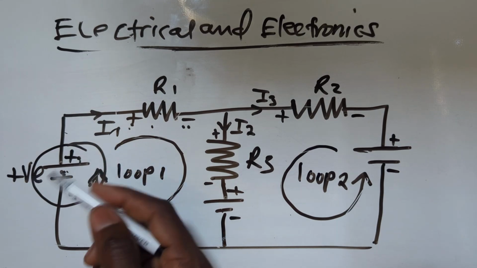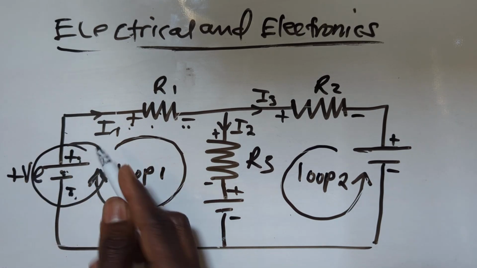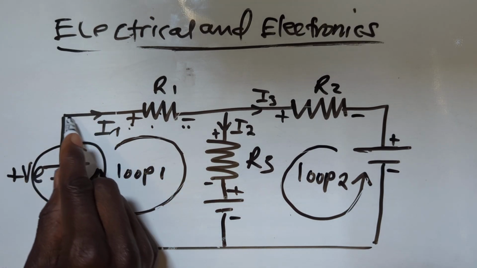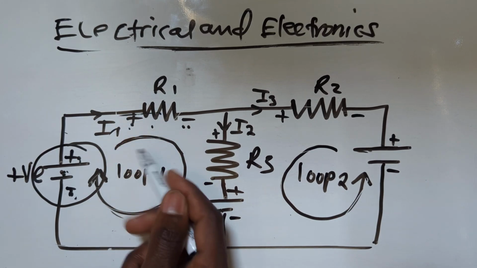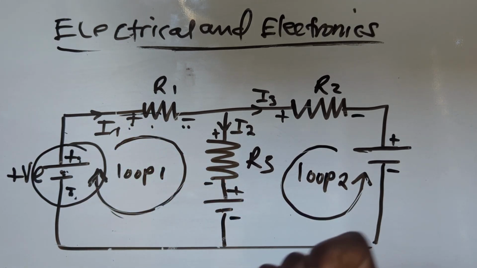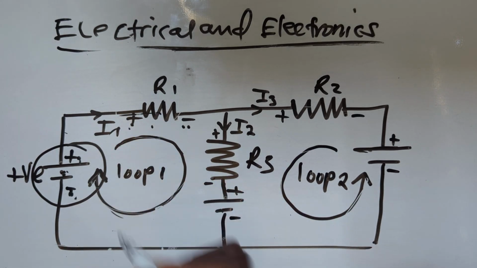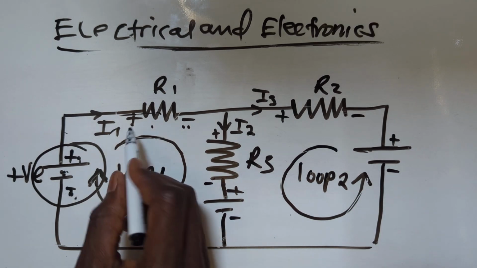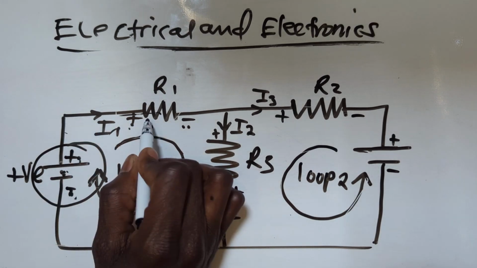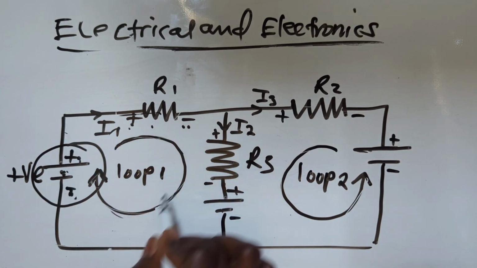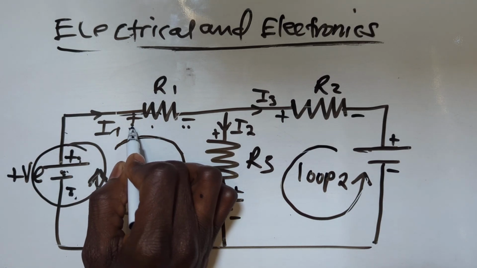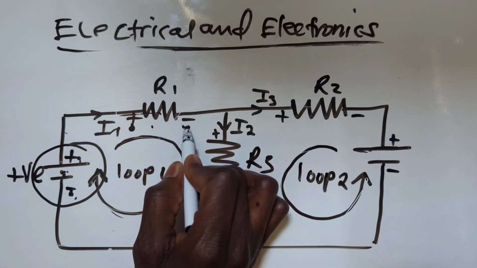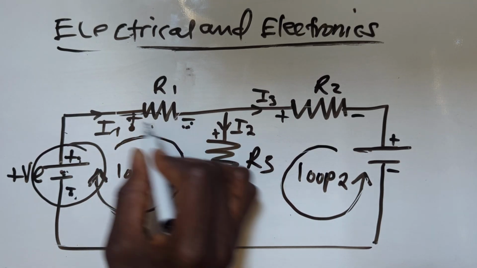And in this case, based on the previous video, if you're moving in the same direction as the current, the voltage across that resistor has to be negative. So since we are moving in the same direction as the current, if you move in clockwise direction, you are encountering the positive first, then negative, so you are dropping in voltage.